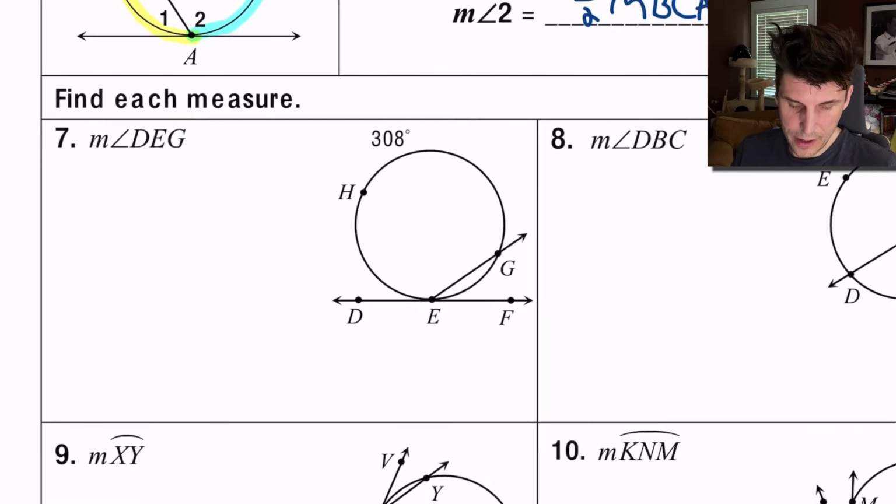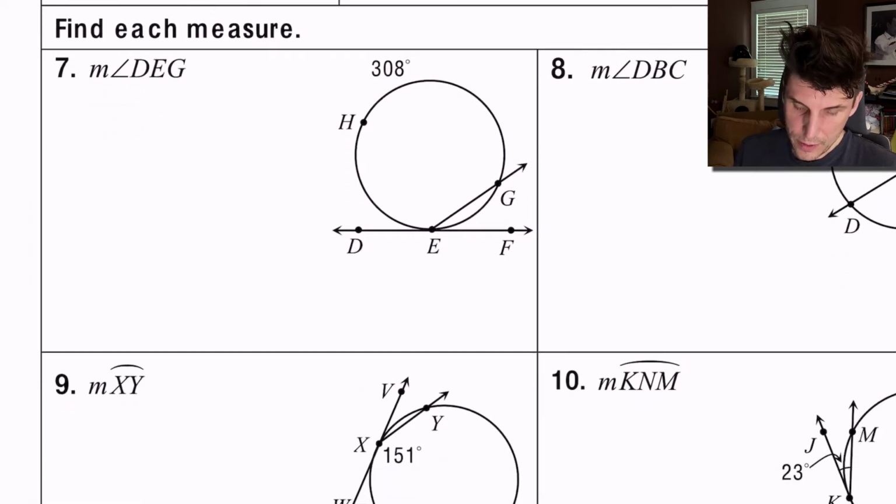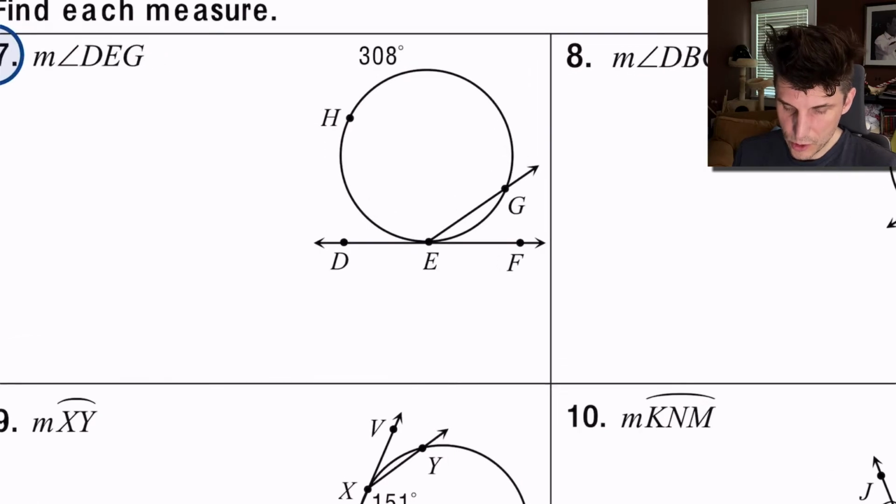So here, for number 7, they want us to find DEG, the big obtuse angle. So the associated arc with DEG is going to be, that's a lot of circle there.